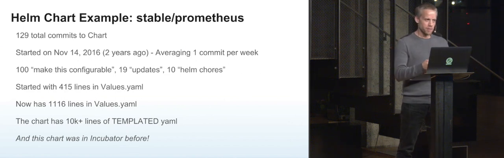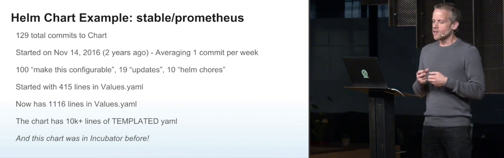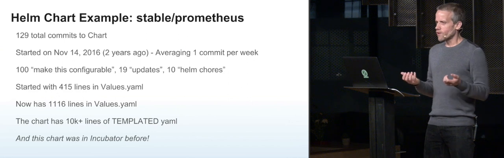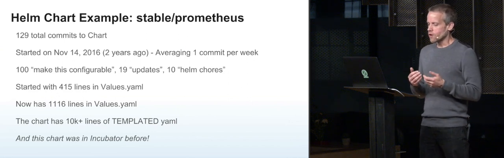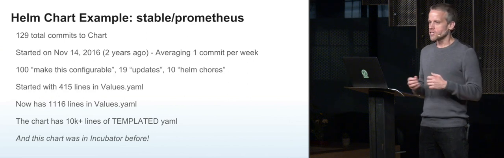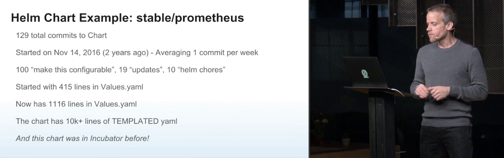It might be common, it might be an edge case, it might be a corner case, just something to make it more configurable for somebody else's environment. The values YAML, which is the context that's applied to rendering out a Helm chart, started with 415 lines. And at the end of 2 years, it had over 1,100 lines, and it's continued to grow. So that's just more complexity, more configuration that you and I probably don't need, but somebody needed in order to run it.